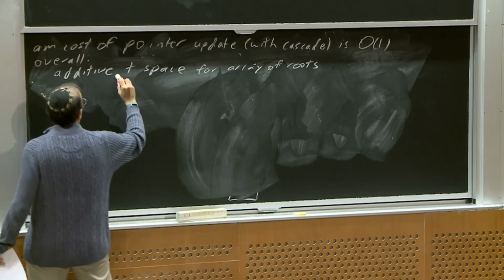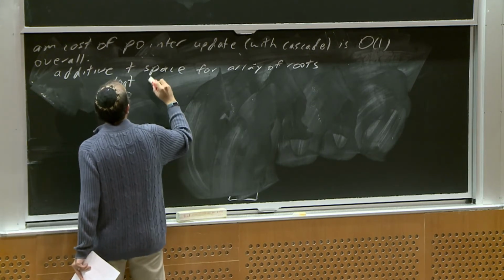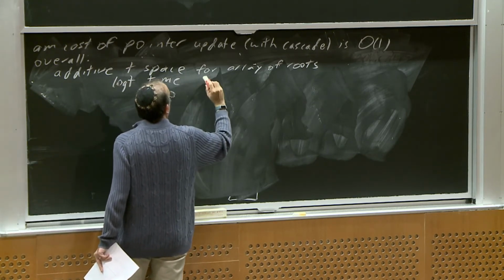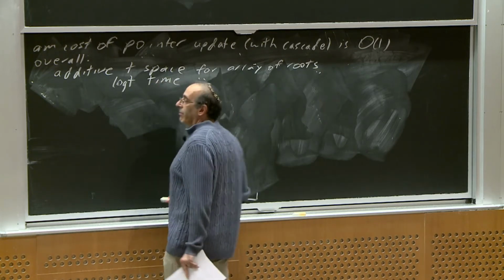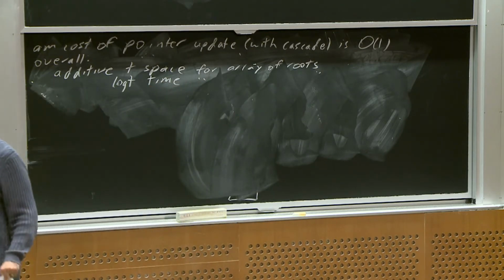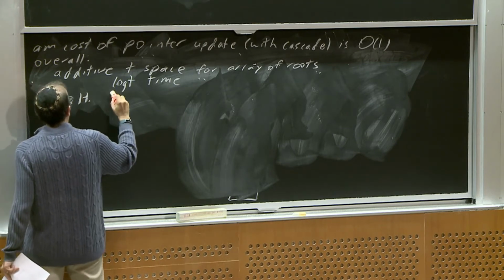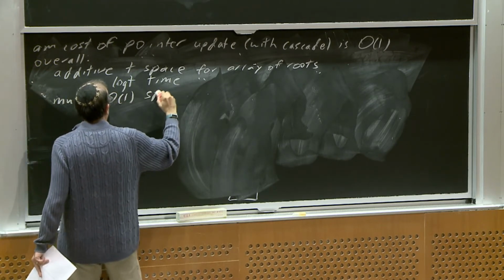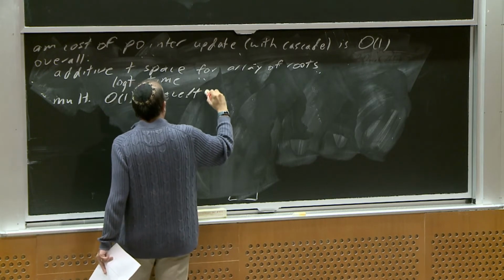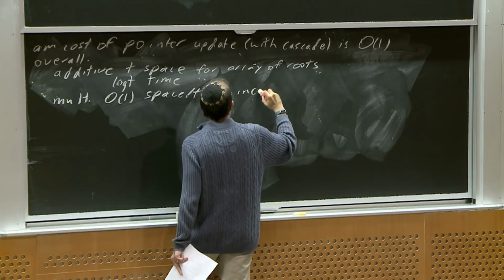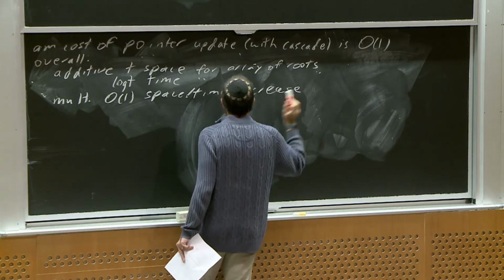We have an additive log t time for the same reason, to find the appropriate root. And we have a multiplicative order 1 space and time increase to get our versions.